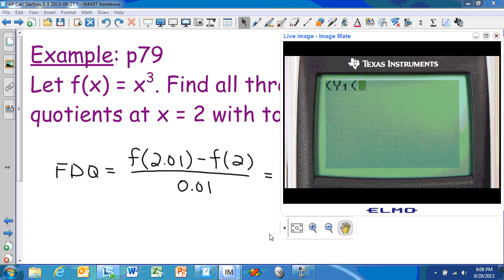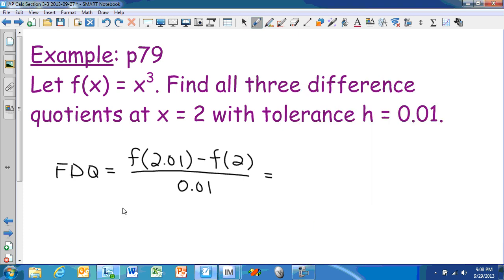So it's y1 evaluated at 2.01 minus y1 evaluated at 2, and we divide that by 0.01. Hopefully that looks very familiar from the first two sections of chapter 1, where we were doing calculations just like this. So we get 12.0601. I'm going to write down all those digits: 12.0601.